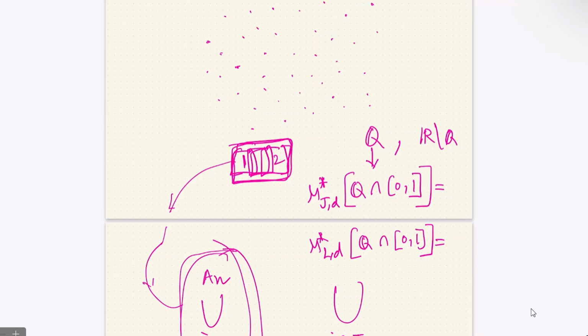On J it is finite and on L it is zero. Okay, J it is finite. What is that finite number?